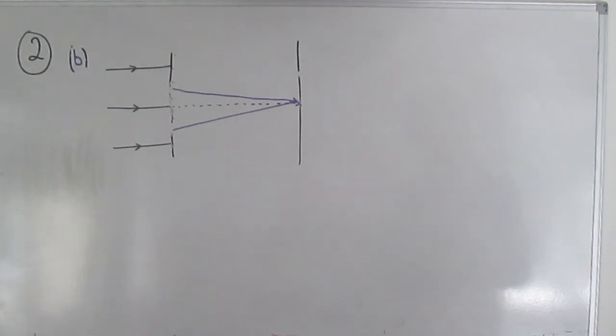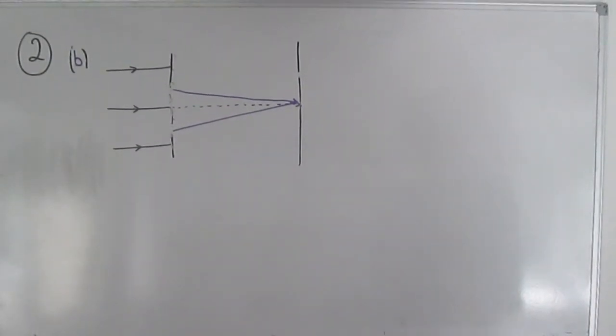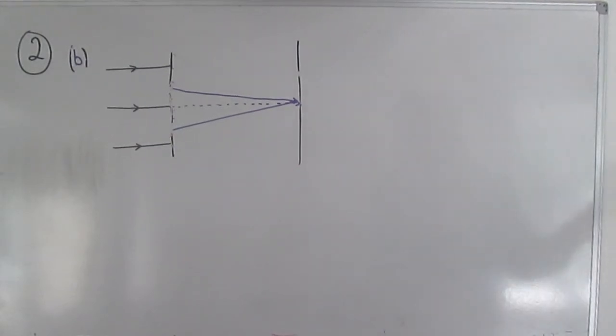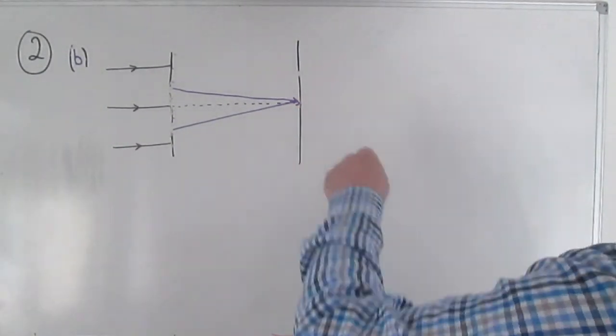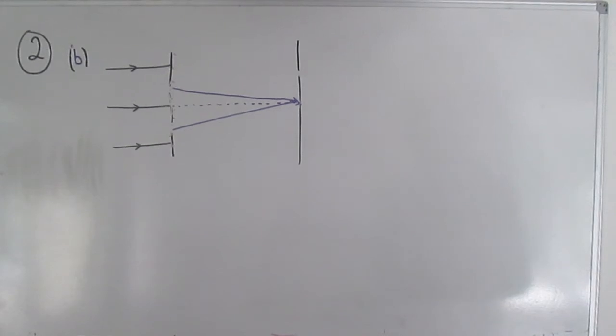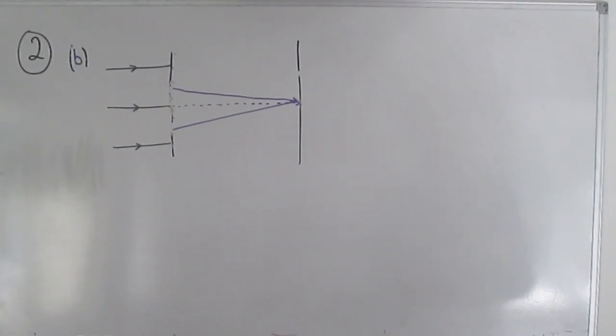Okay, so the path length is the same for both, so it's 0 times the wavelength of red light and it's 0 times the wavelength of blue light. So for all of the wavelengths, you will get no path length difference and therefore constructive interference at that point.